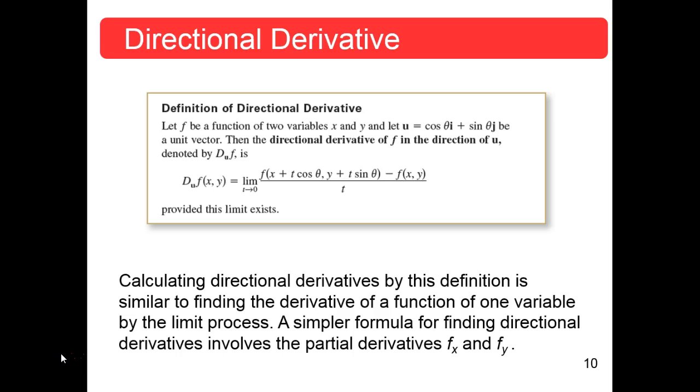So this is f at Q minus f at P. That's how far your function, the surface, has changed for a change in your domain. Now, this is all assuming that limit does exist. Calculating directional derivatives by this definition is similar to finding the derivative of a function of one variable by the limit process. A simpler formula for finding directional derivatives involves the partial derivatives.